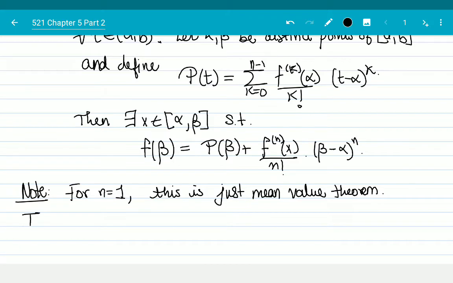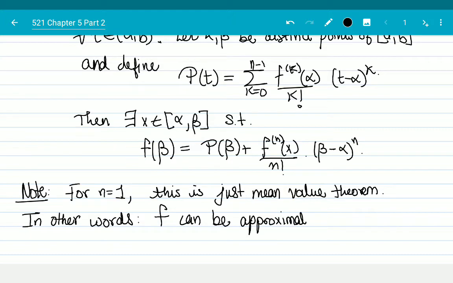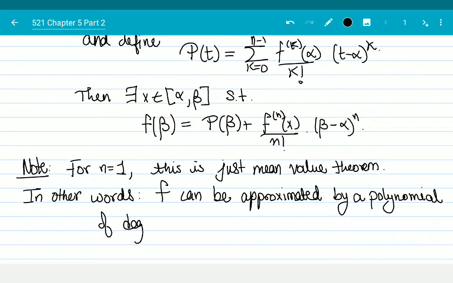In other words, the theorem says that f can be approximated by a polynomial of degree n minus 1.